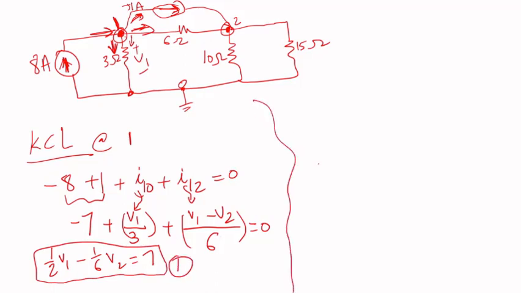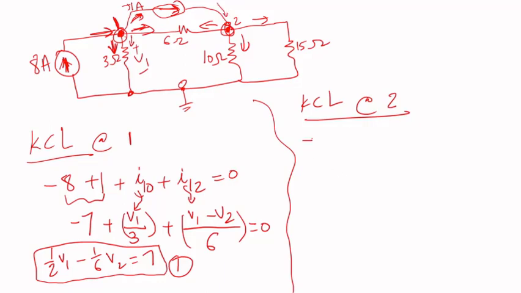So I have one equation, but I have two unknowns. I need another equation, then I can solve it. So now let's do another KCL at node number 2, which is this one here. Again, current away, I'm going to take as positive. This current here is going in, so it will be negative.